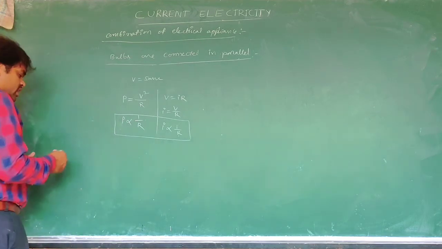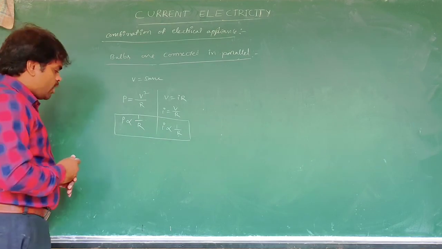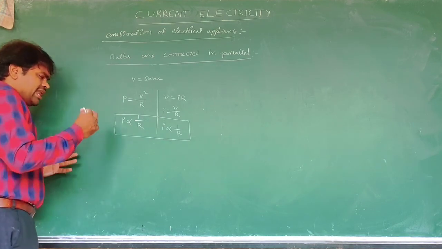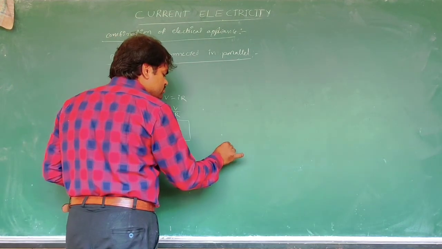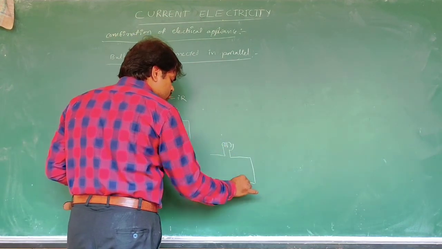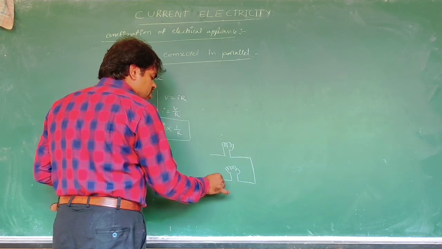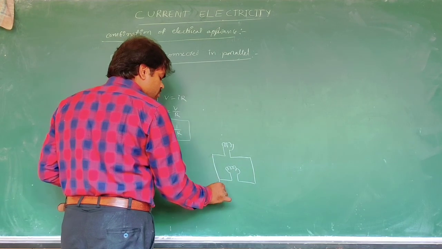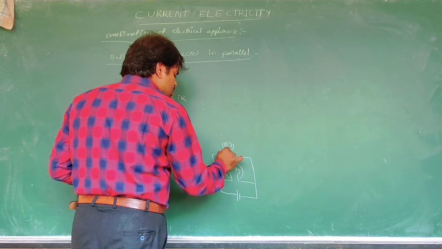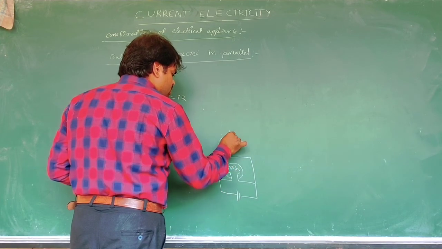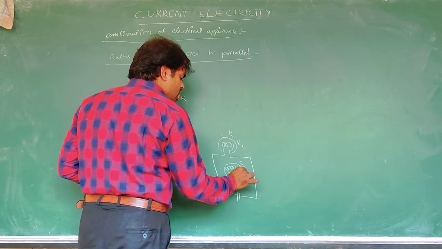Now we can derive the formula for effective power in the parallel combination of electrical appliances. Let us consider two bulbs connected in parallel, with the same potential applied. The power of one is P1 and its resistance is R1; the other is P2 and resistance is R2.